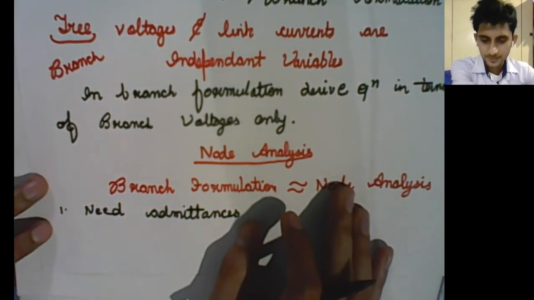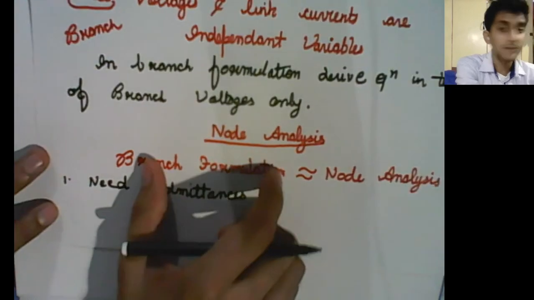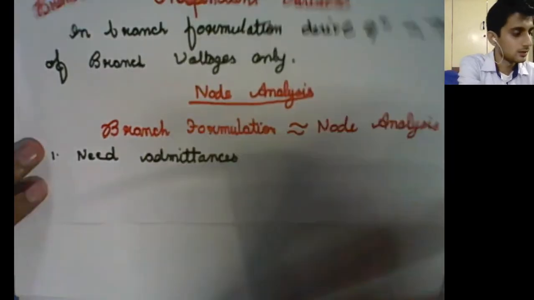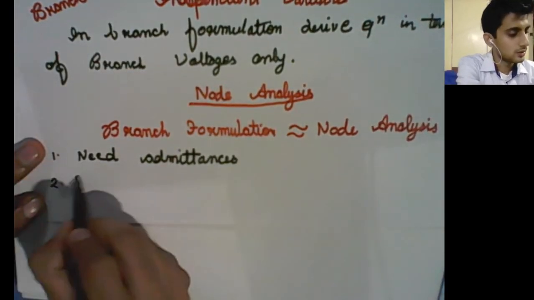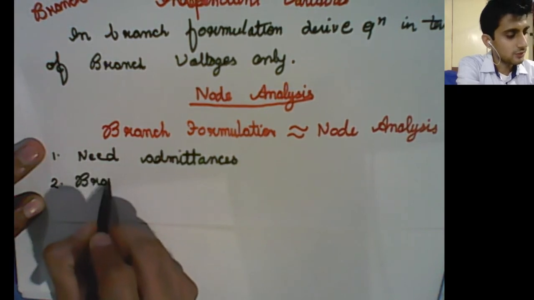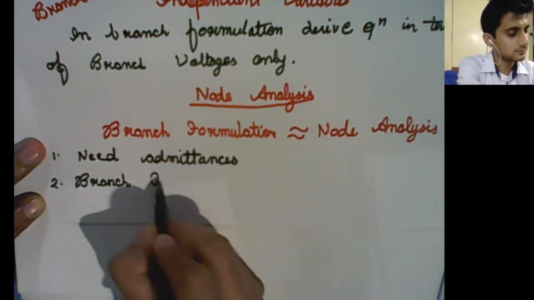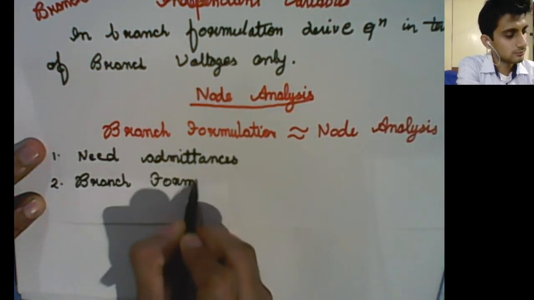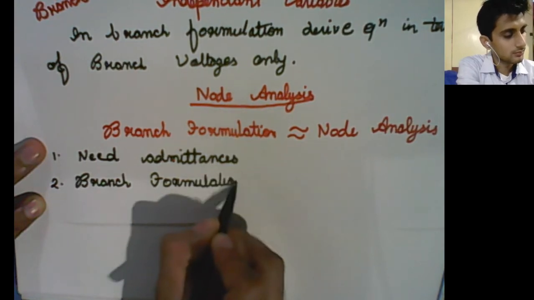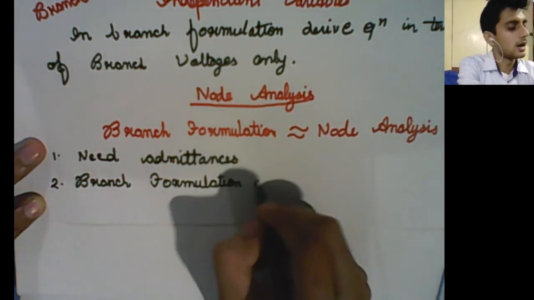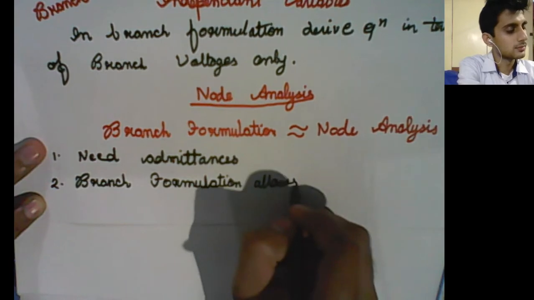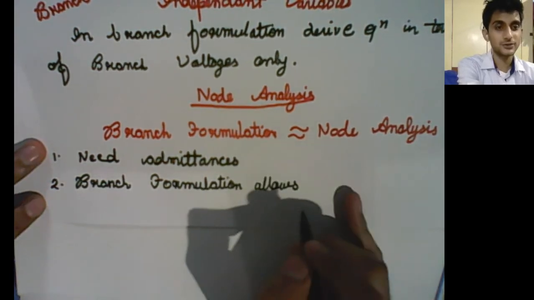Next thing is that when you are doing branch formulation, I can write that branch formulation allows both voltage and current sources.